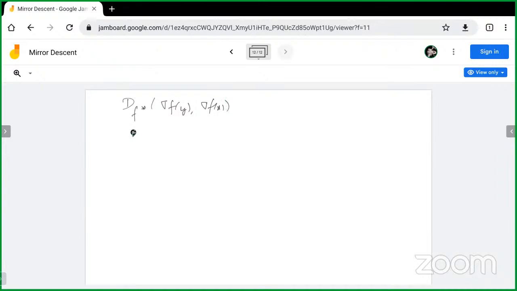This is f star at grad f of y minus f star at grad f of x, minus the gradient of f star at grad f of x, dotted with the difference.